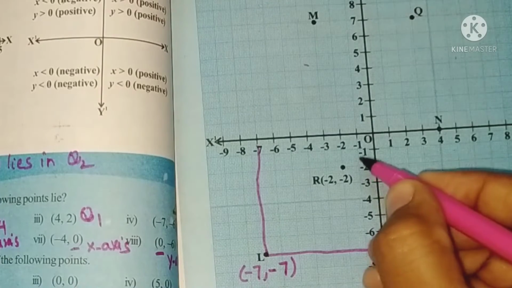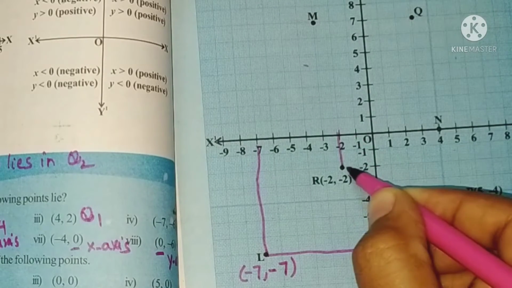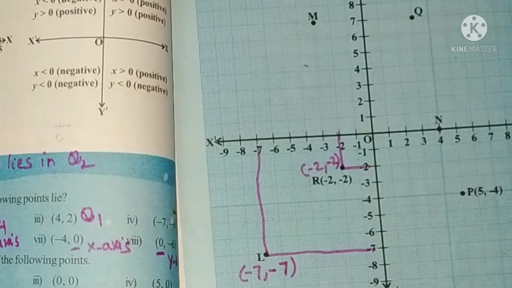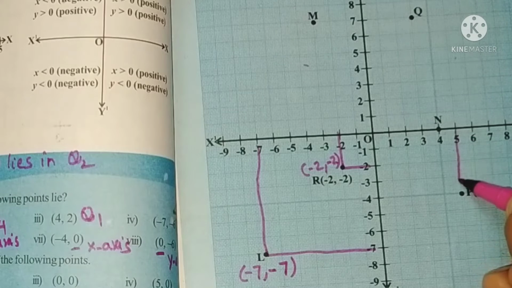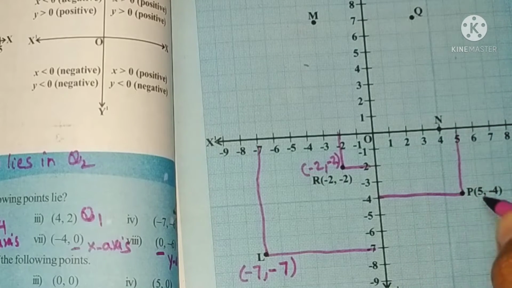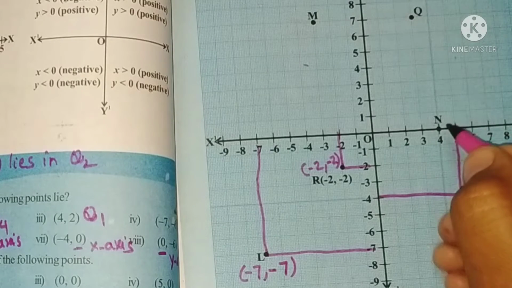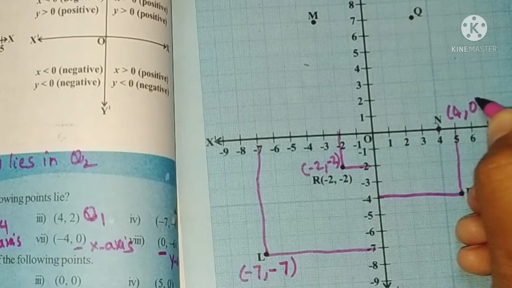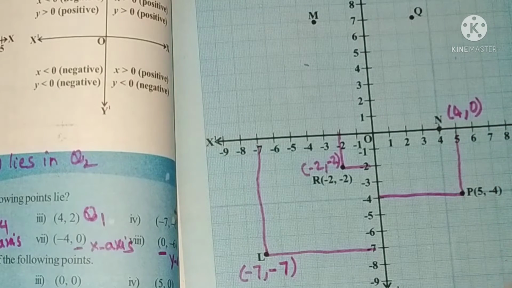Next, coming to R, it is -2 comma -2. Now here P is there. On the y-axis, 5 comma -4 is given, and N is 4 on the x-axis with y being 0. So it is 4 comma 0.